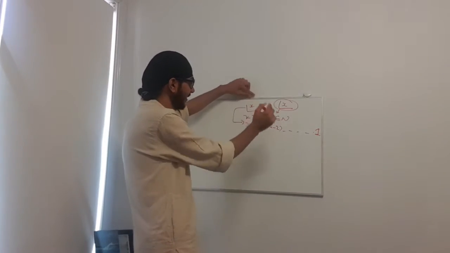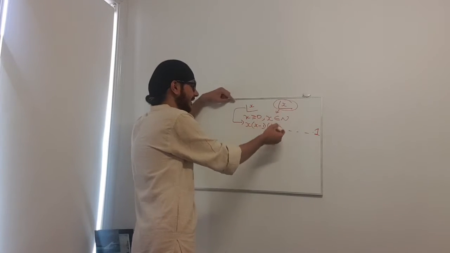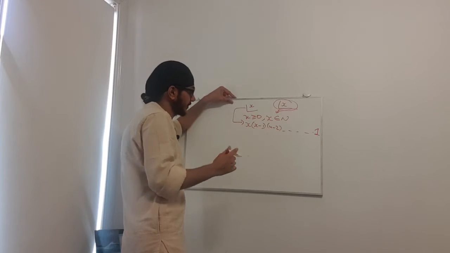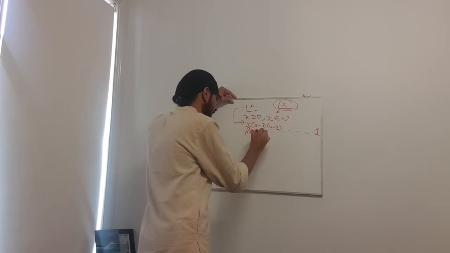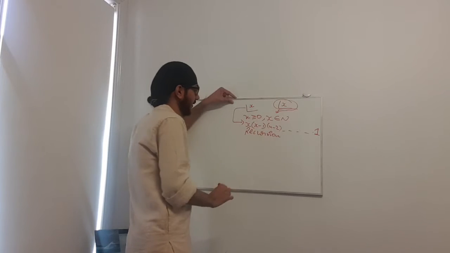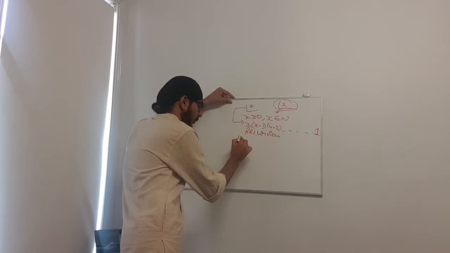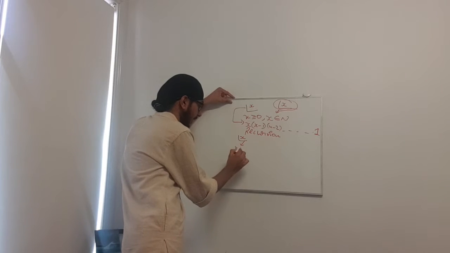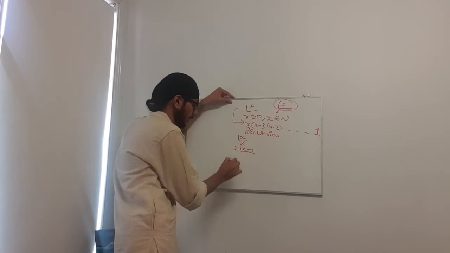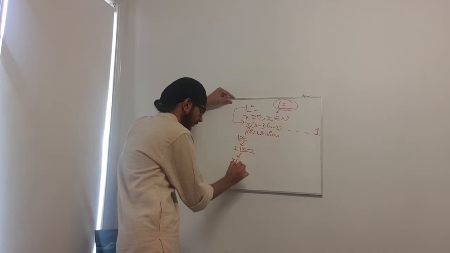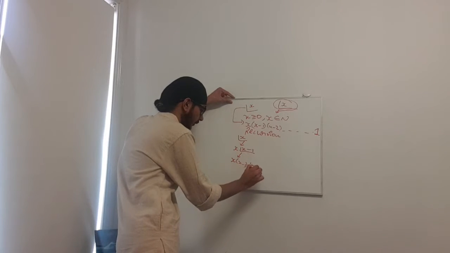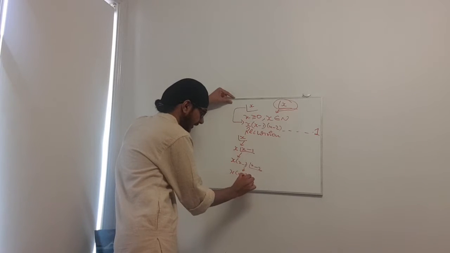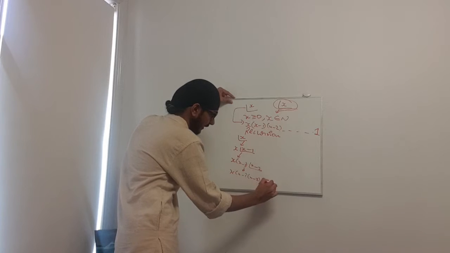Now let's see why we say that we can calculate the factorial of any number by recursion. Any factorial x can be calculated by calculating x into factorial of x minus 1, which in turn can be calculated by x into x minus 1 into factorial of x minus 2, which in turn can be calculated as x into x minus 1, x minus 2, factorial of x minus 3.